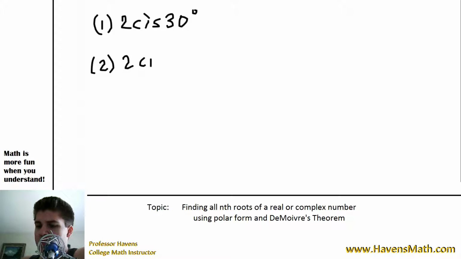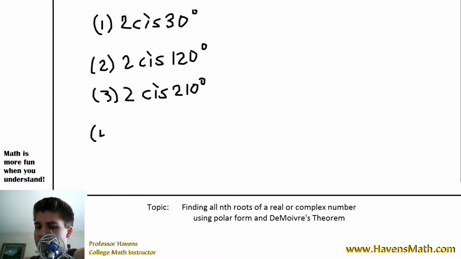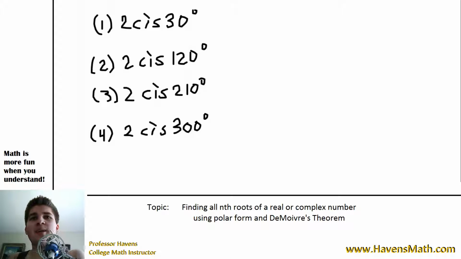2 CIS 120 was the second. Then 210. And then finally, the last one was 2 CIS 300, not 280. So we're going to take all these guys, now expand them.